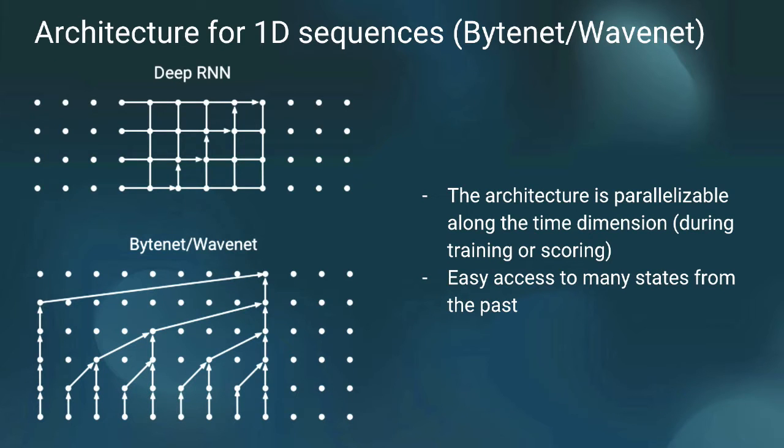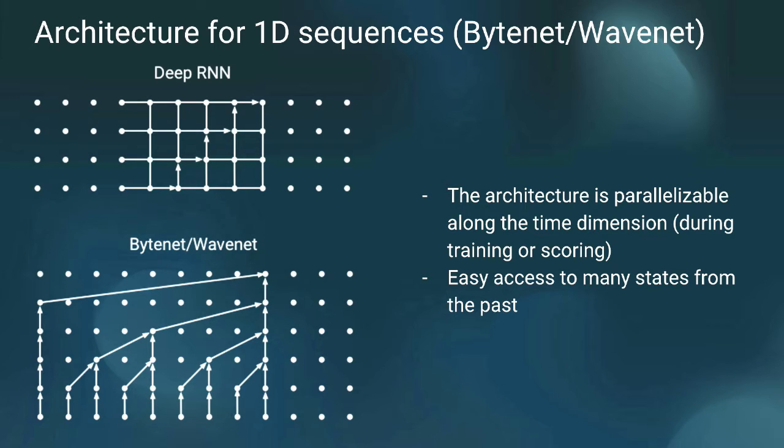So let me begin with an architecture for sequence prediction. When we think about RNNs, and we think about very long sequences, if the sequence is very long, we have to process it in a serial fashion, right? And of course, we can try to cut the backpropagation through time and make it shorter and so on. But the serial aspect is core to RNNs, and it's very hard to get around it.